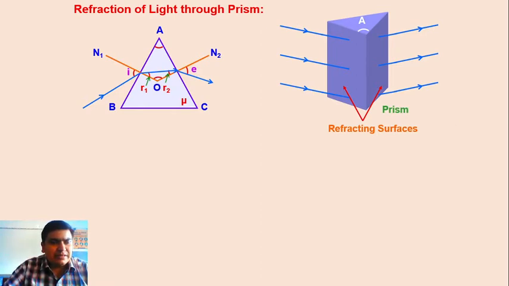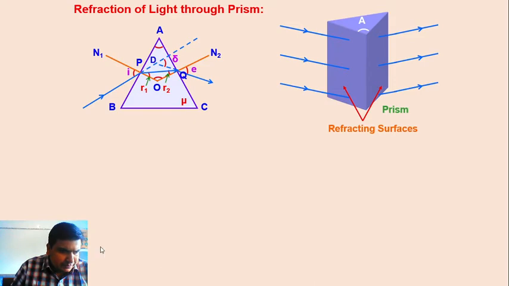In this whole structure, if we extend the incident light and the final emerged light, we can get a deviation angle. We can determine the angle by which the path of the incident light has changed relative to the emergent light. That angle is called the angle of deviation, denoted by delta.